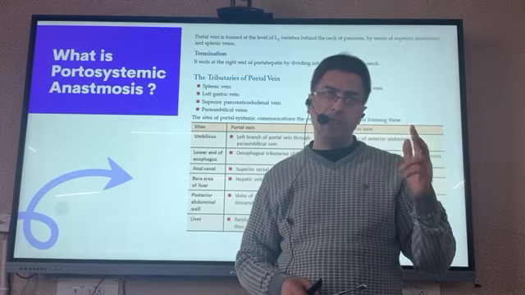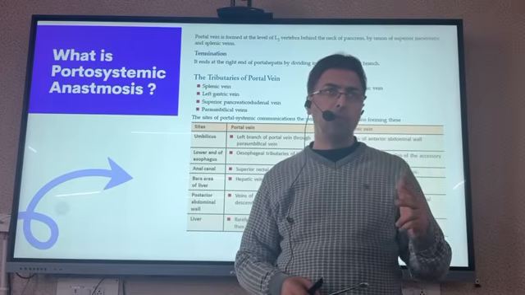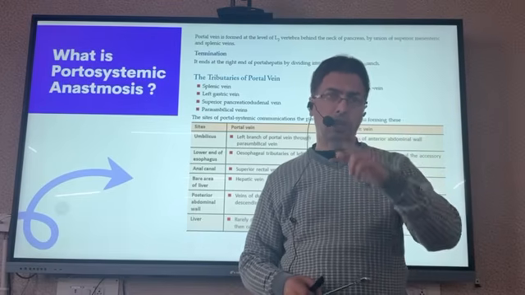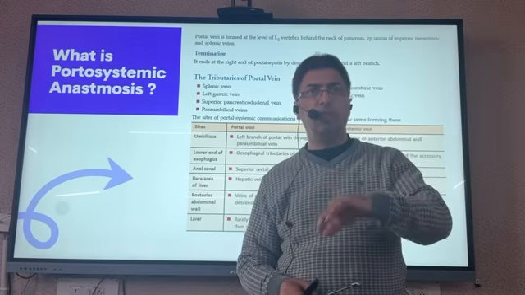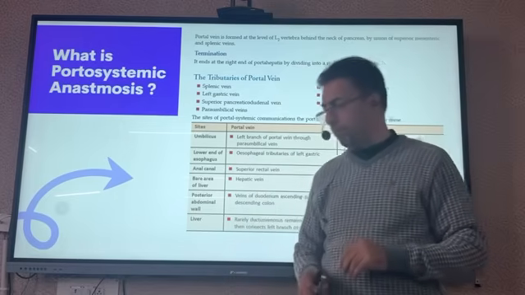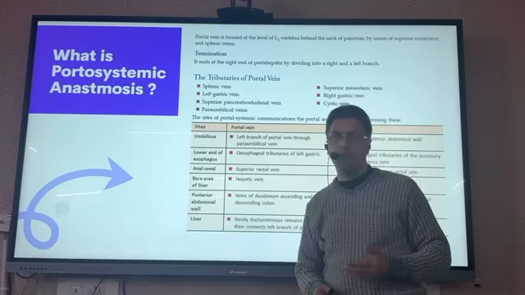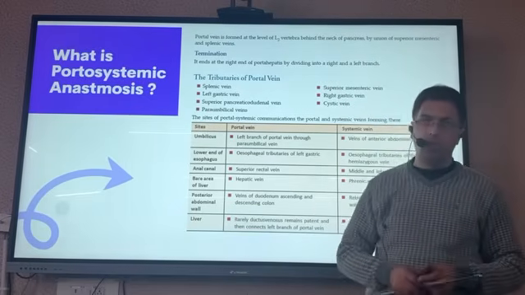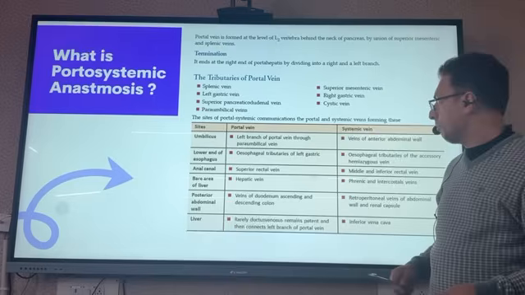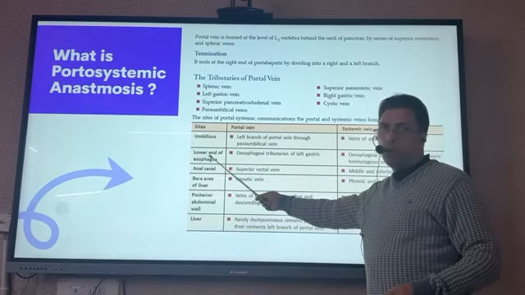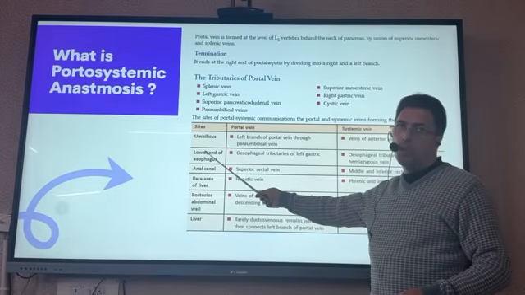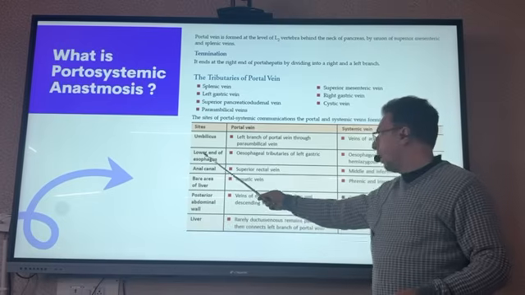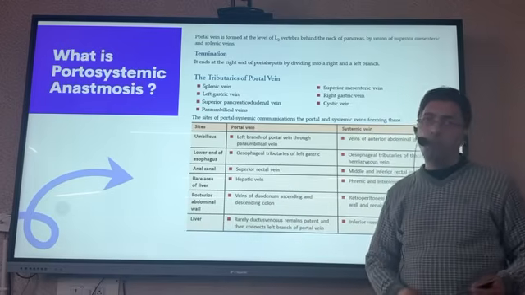Bright red will indicate a lesion proximal to the stomach. Brownish will indicate a lesion within the stomach. That's one part. Now, what is the relevance over here? Because just now I told you that the lower end of the esophagus is a site of portosystemic anastomosis. And between what and what?